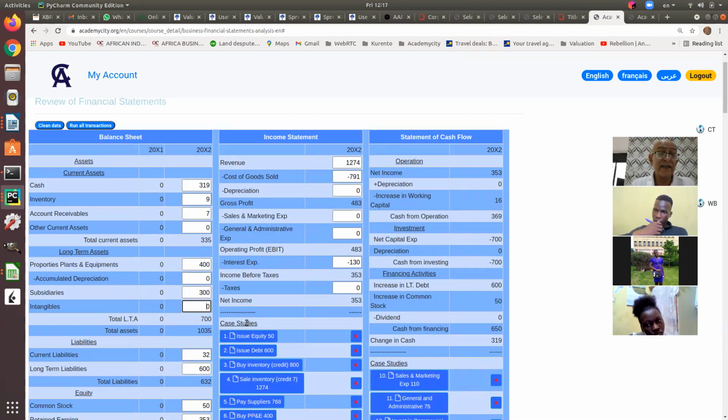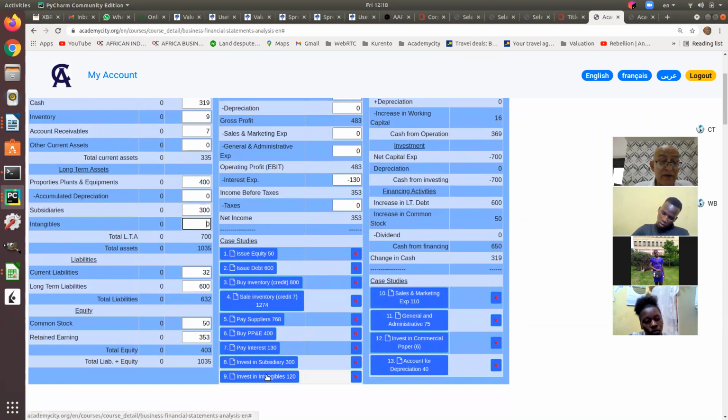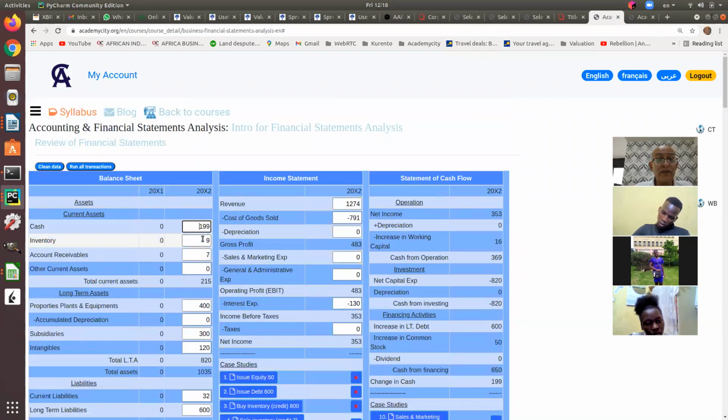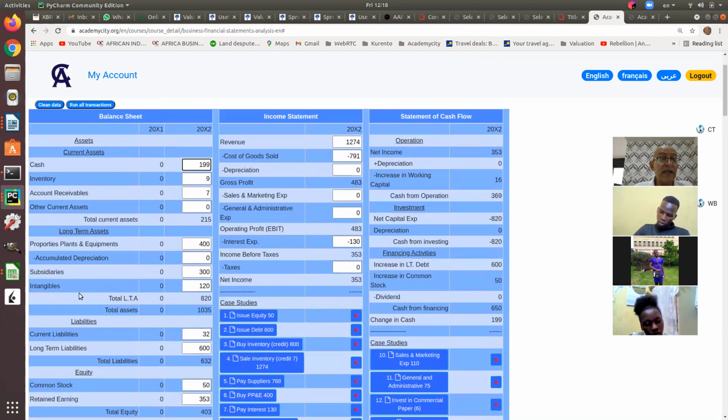Again, very interesting: buying machinery, buying another company, buying intangibles. Let me click it and you will see. When I click this one, see what happened. The cash went down by 120 and my intangibles went up by 120. Again, total assets haven't changed.